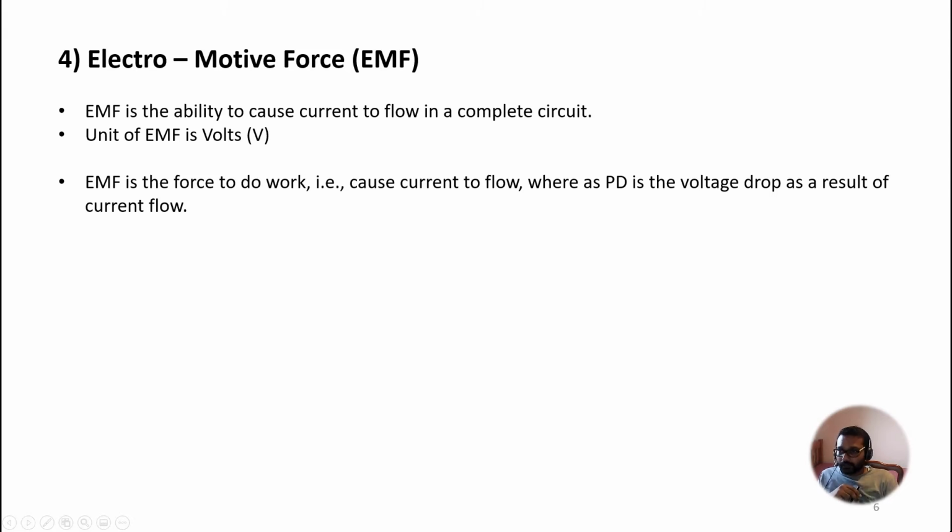Now, to highlight the difference between electromotive force and potential difference: electromotive force is the force to do work. That is the cause, the force which causes the current to flow. That's your EMF, right? Whereas potential difference is the voltage drop as a result of current flow.